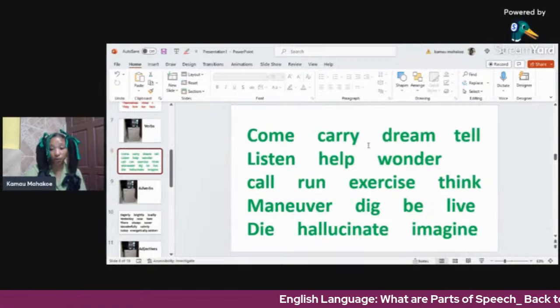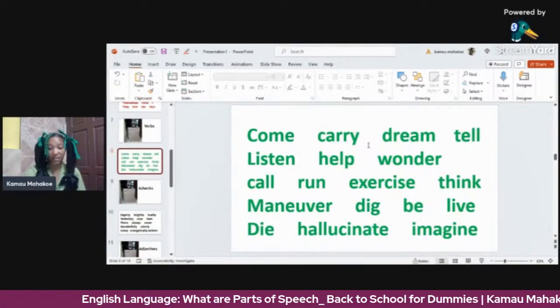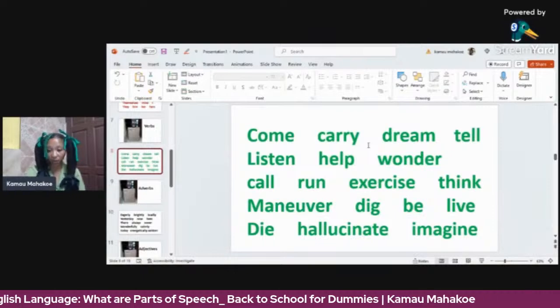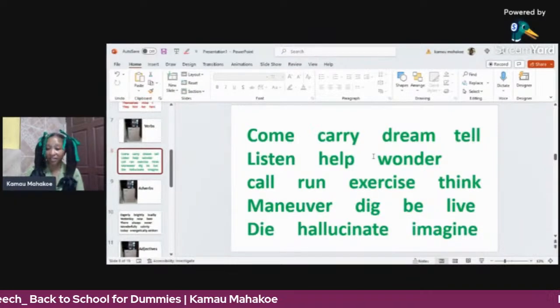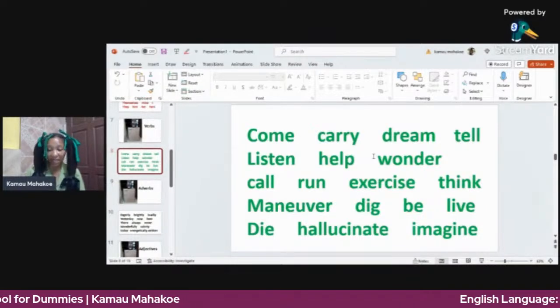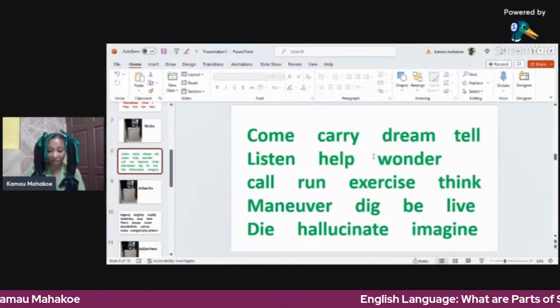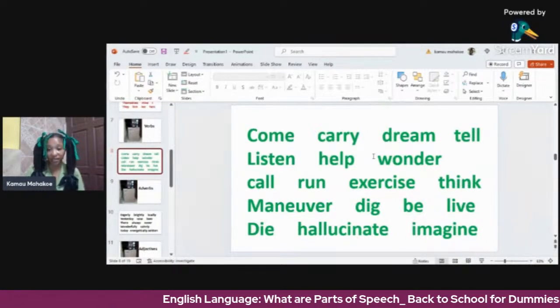But just know that even though you remember your teacher telling you verbs are action words, doing words, there are some verbs that are gentler, they are more subtle, and you can't necessarily see them, but they are actions, right?